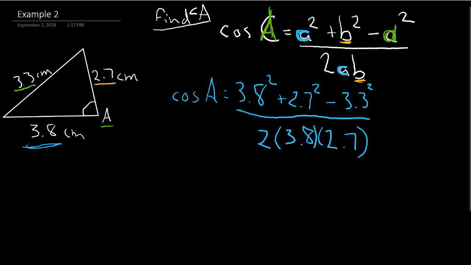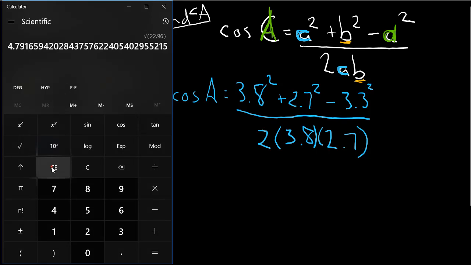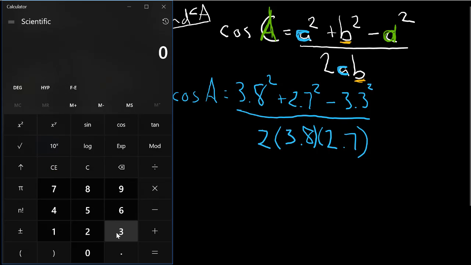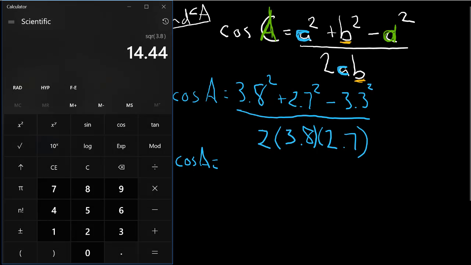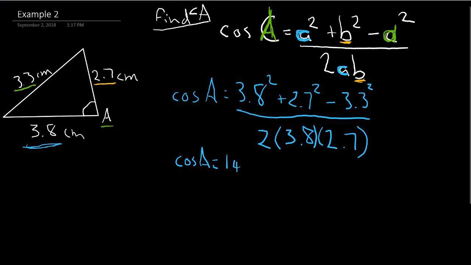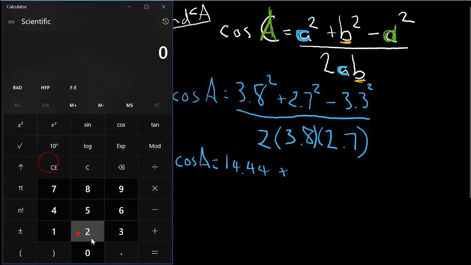All right. So now we can actually just use our calculator. Pull that up. I'm going to clear it from our last question. And we're going to get 3.8 squared equals, oh, I guess I should have written cos of A first and then used the calculator. So 14.44. And then 2.7 squared. If you don't have a square button, you could just multiply it by itself.